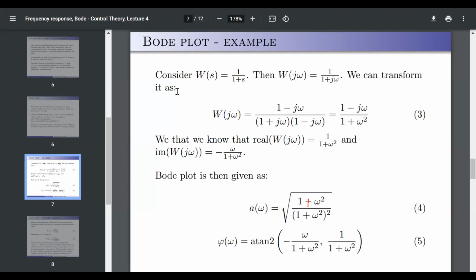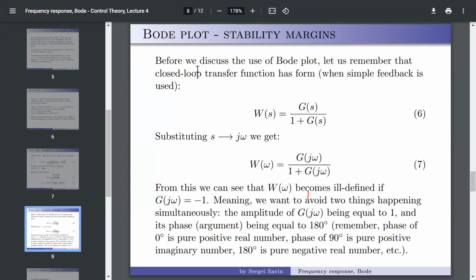Now, let's think about why we wanted to compute Bode. So far, we just found those plots not very interesting. They didn't give us any insight. So let's start to see how we can analyze it.